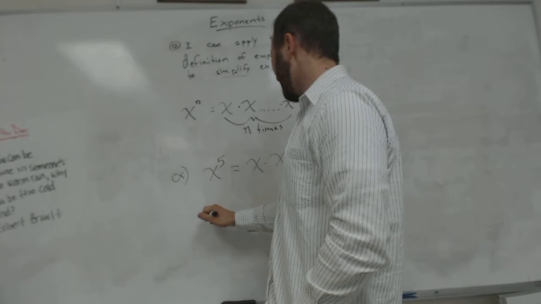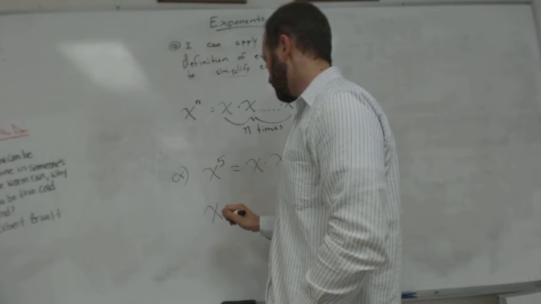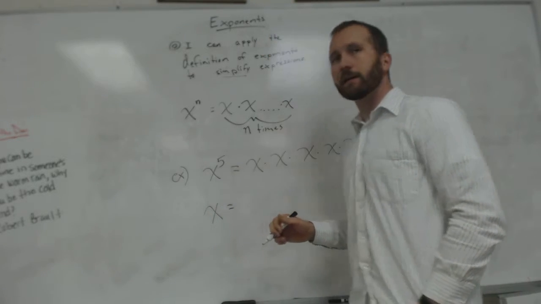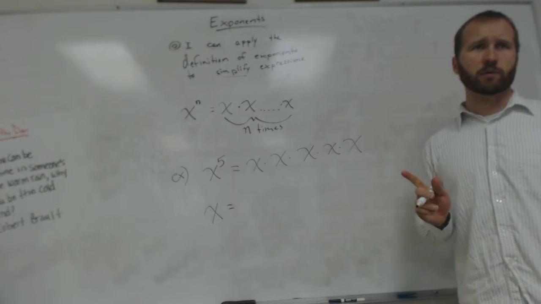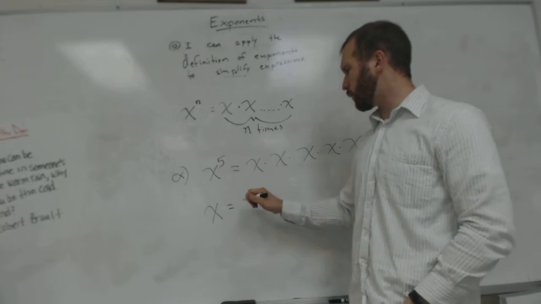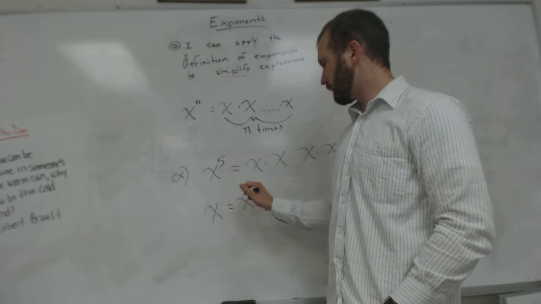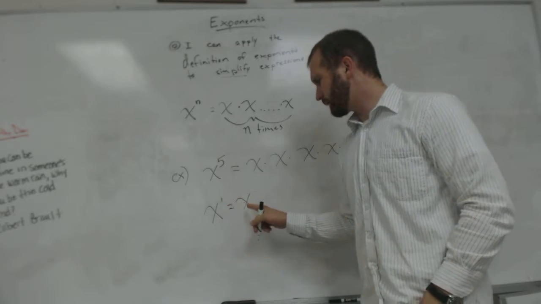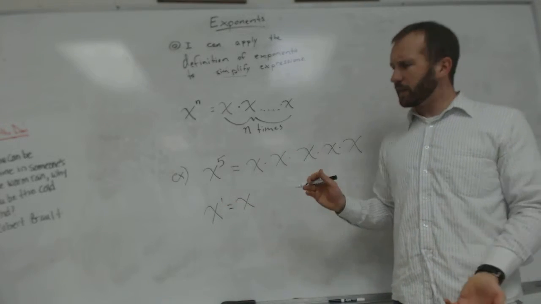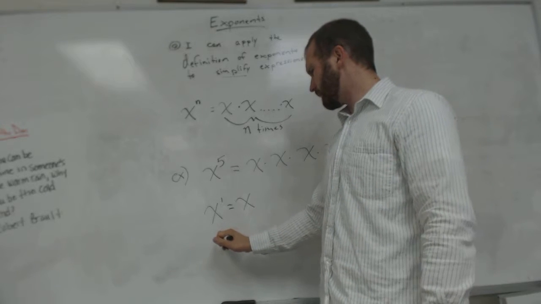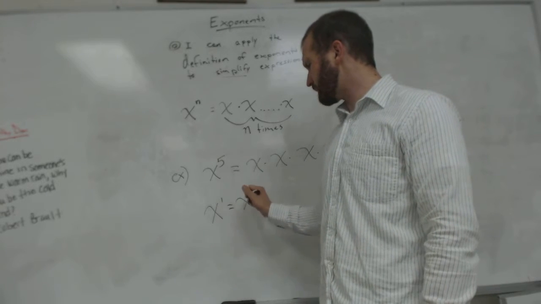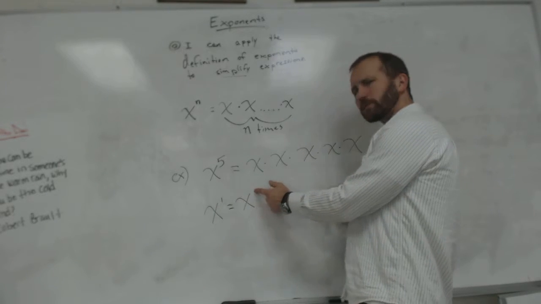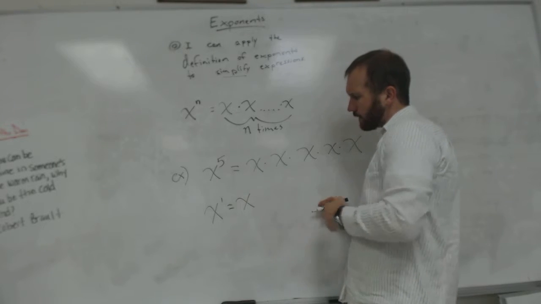There's kind of some special cases. So if I have x, that is the same thing as x to what exponent? 1. X to the 1. So x to the 1 is just x. Those are the same thing. But that means that if I see a base with no exponent, I can add that in there if I want.